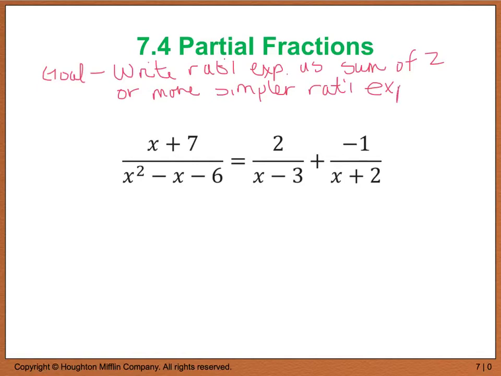So in order to do this, we have this right here. We would be given something like this, and this is what we're going to call our partial fraction, and I'm just going to write PF decomposition. So this is what we're going to be decomposing into simpler pieces.